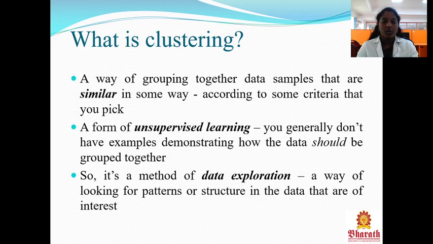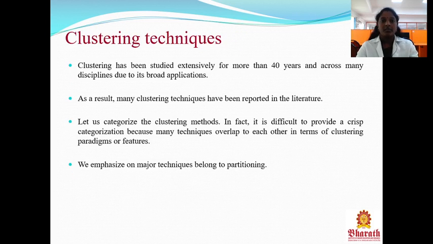Since in clustering we don't have any prior information, we just group the data as and when it comes, taking the features or analyzing the data. That's why it is called unsupervised learning. It is also a method of data exploration, because we don't have prior information about the data, so we explore the data and then perform the clustering.